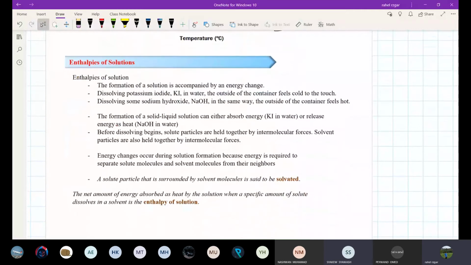Now we talk about enthalpies of solution. What is enthalpies of solution? Enthalpy means change in heat, internal heat. When we dissolve something, what happens to the heat?